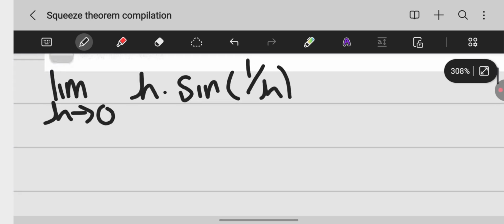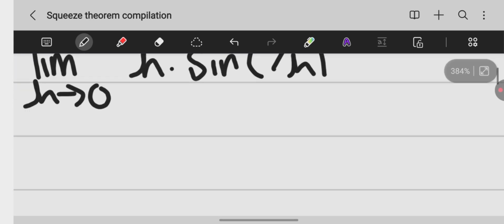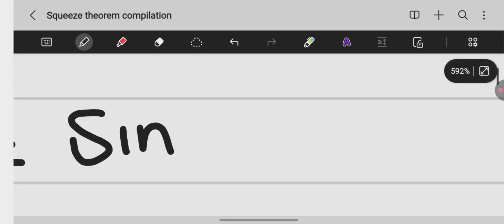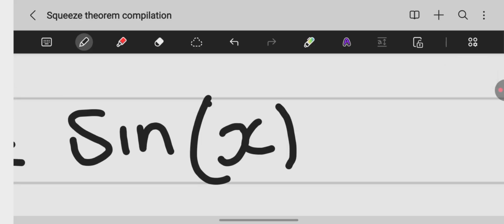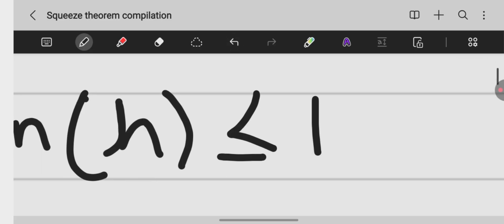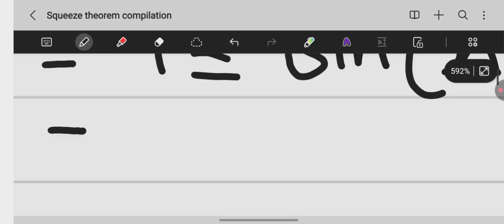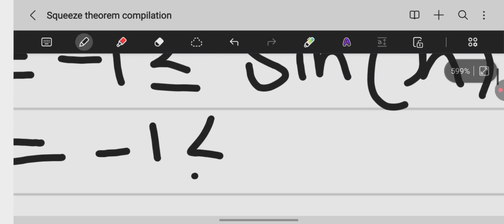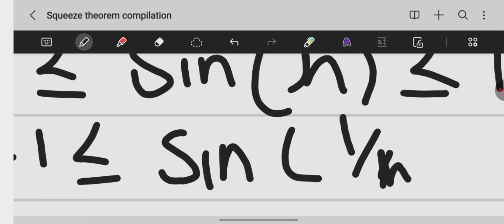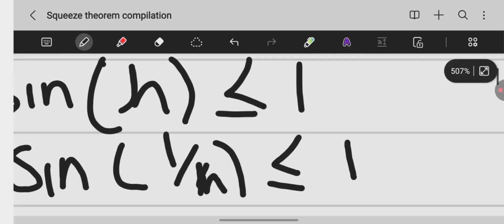So because we just have sine as the original function, we're going to go from negative 1. Then you have your sine x, so let's use h instead, and you have 1, right? So this is equal to negative 1, less than or equal to sine 1 over h, less than or equal to 1.